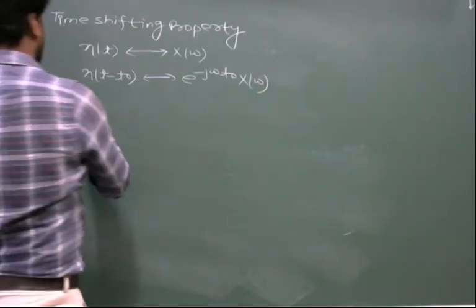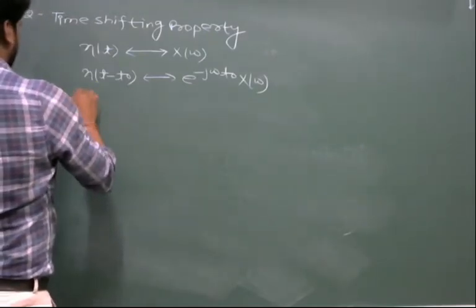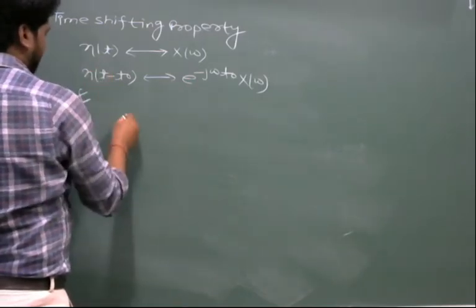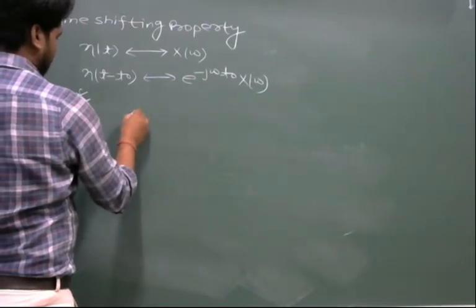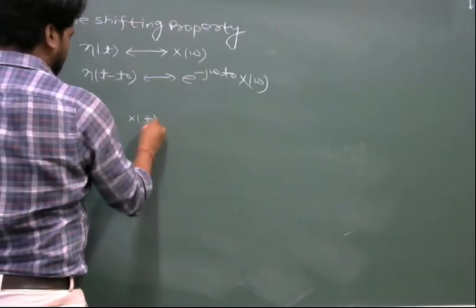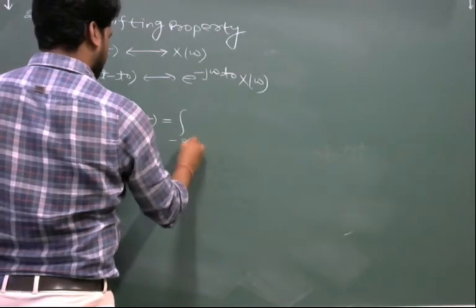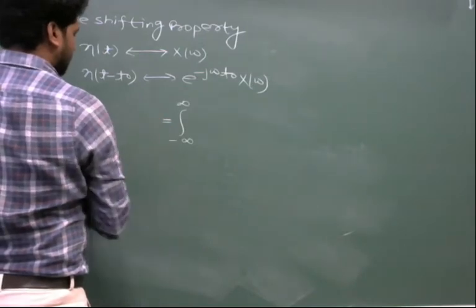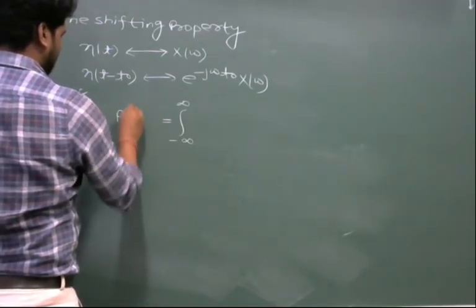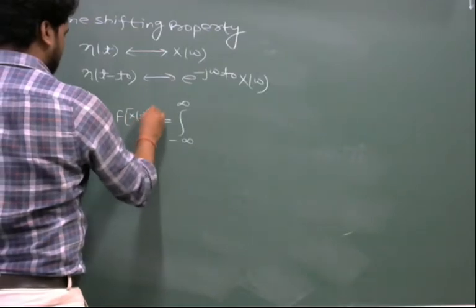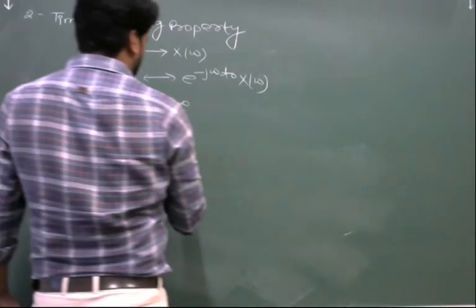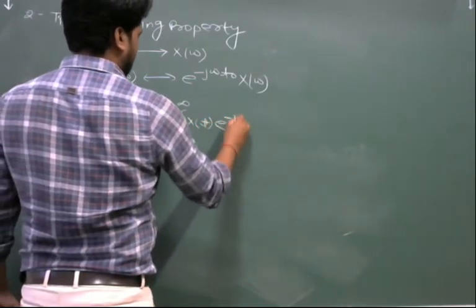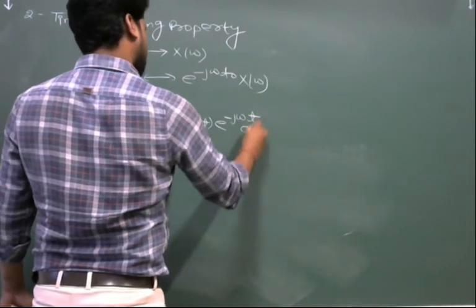Now consider the proof. The signal x(t) in the time domain, the Fourier transform of x(t) can be written as integration from minus infinity to plus infinity x(t) e power minus j omega t dt.